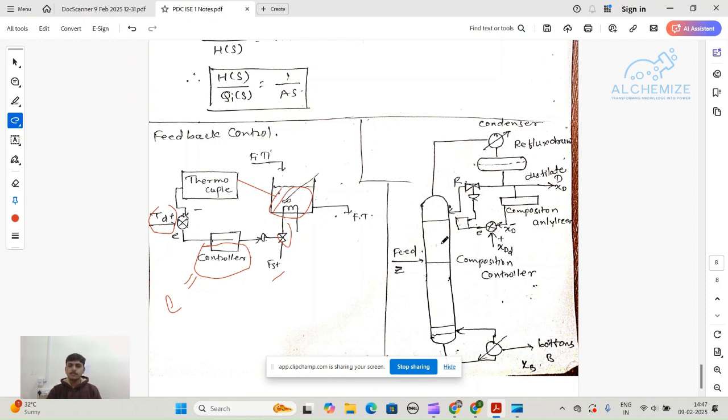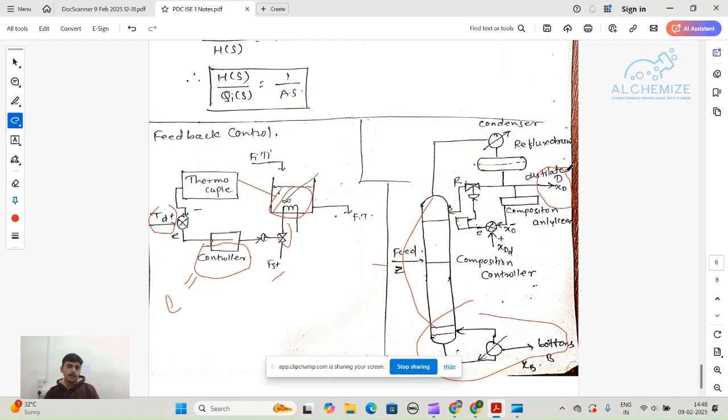Now the same system for the distillation column. Here one distillation column is there, and this is the bottom section. It is a feed to the system, that is the column. The condenser is there, a reflux drum is there, and I have to control my xD, the distillate concentration.